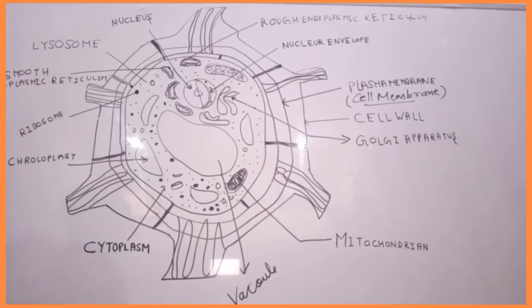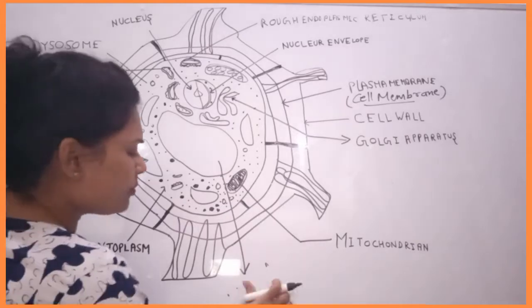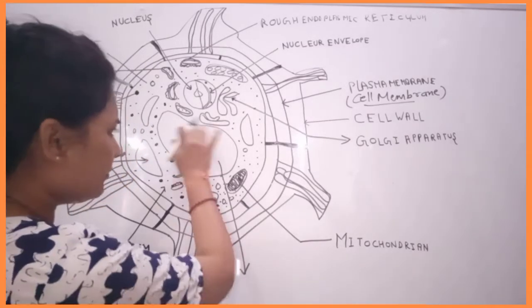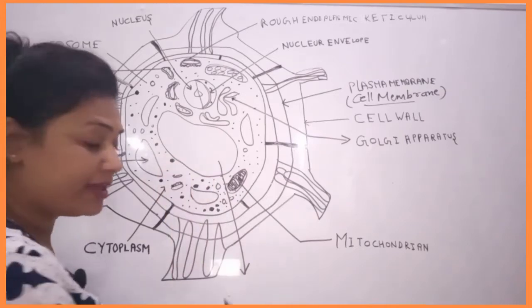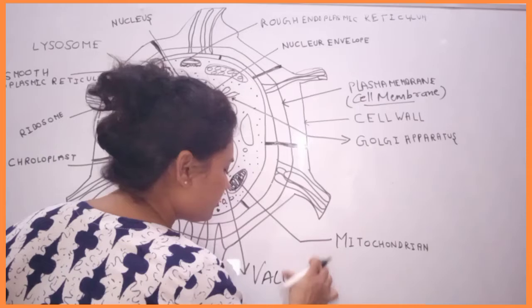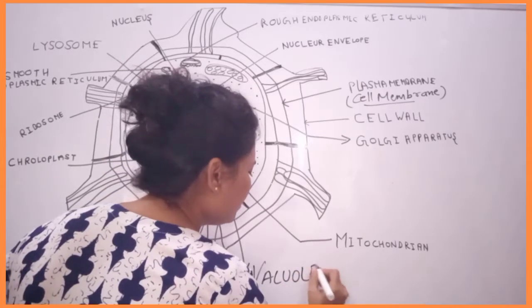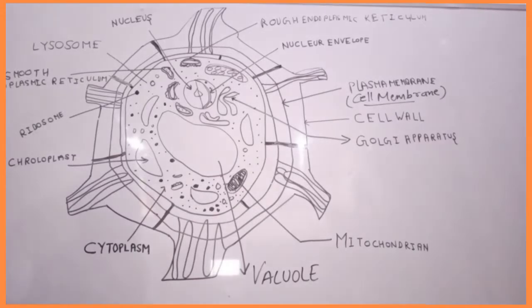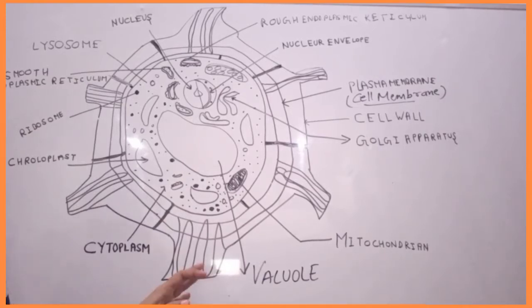You can see the vacuole is also present over here. In a plant cell, the vacuole is very big in size. What is the function of the vacuole?